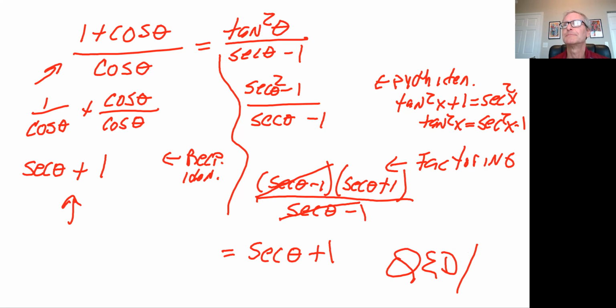A lot of students ask me, well, how do you know what to do? I don't. I mean, you have to just start plugging and trying different ideas. And so when you walk through these types of calculations, sometimes it's like, just try something.